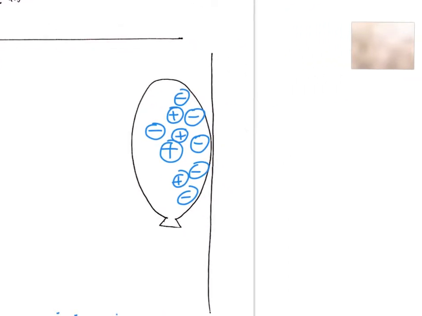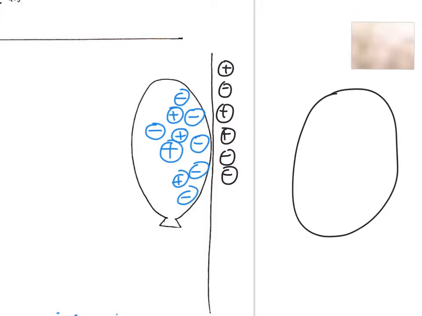And the wall itself is normally neutral. If you consider atoms on the microscopic level, here's one, not drawn to scale. We have some positive charge, and normally the charge is balanced around it.